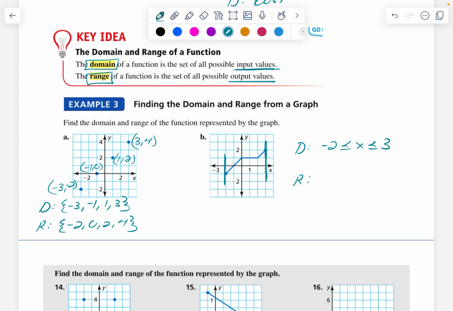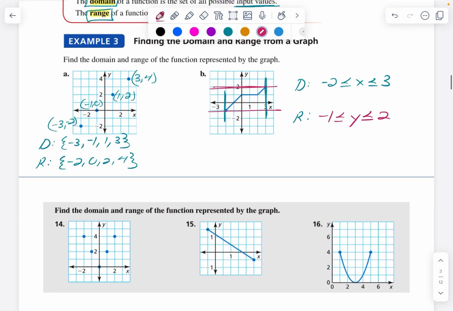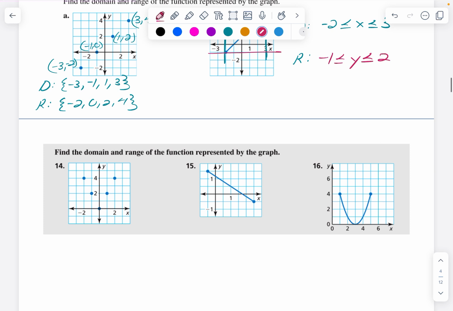The range, I'll put that in a different color. The range goes from here to here. So the range is when y is -1, and y goes all the way up to 2. Again, the inequality signs will look that way when something is in between two other things.